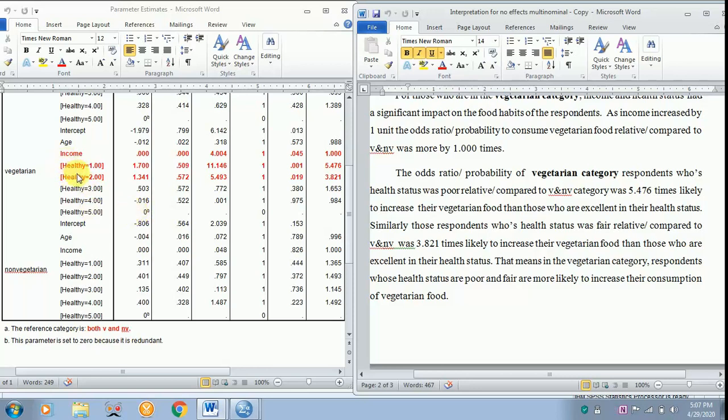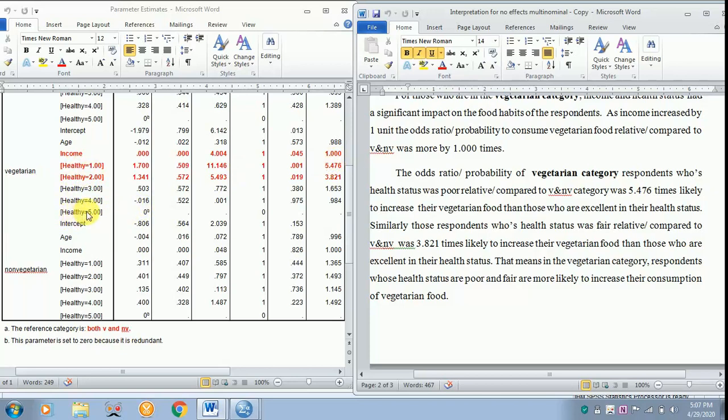So the odds ratio or the probability of vegetarian category respondents whose health status was poor, relative to or compared to vegetarian and non-vegetarian, was 5.476 times likely to increase their vegetarian food than those who are excellent in their health.